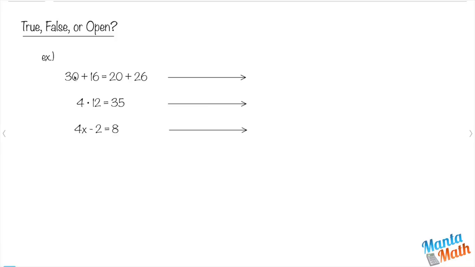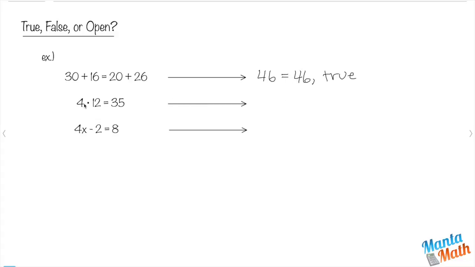So, for example, say 30 plus 16 and 20 plus 26, they're asking you if that's equal. So we know that 30 plus 16 is 46, and 20 plus 26 is 46, in which case it is true, because 46 always equals 46.